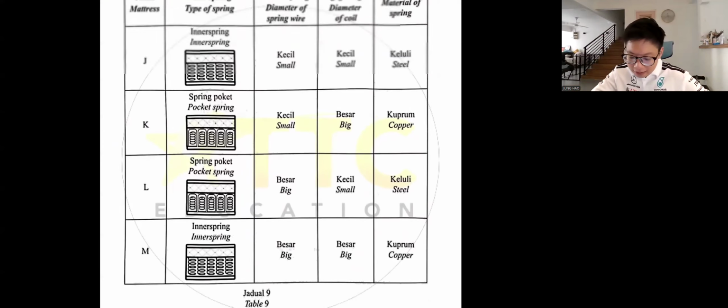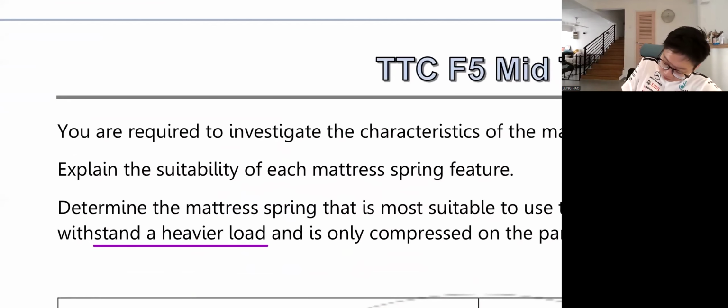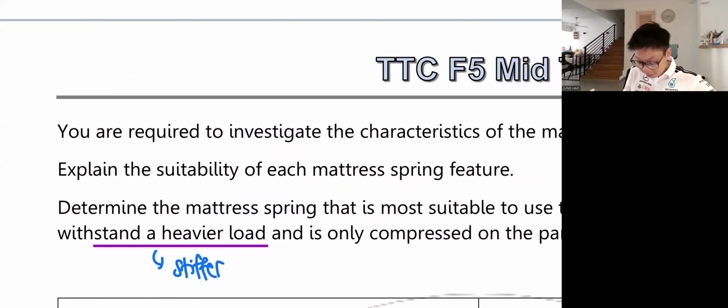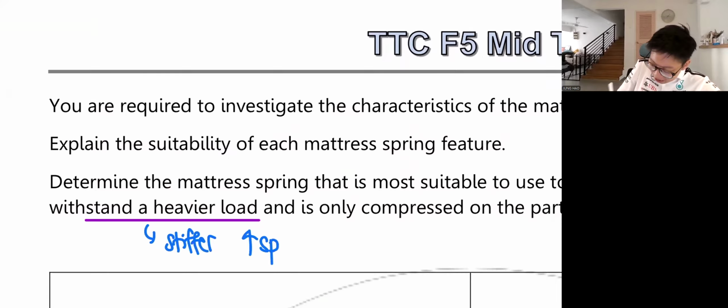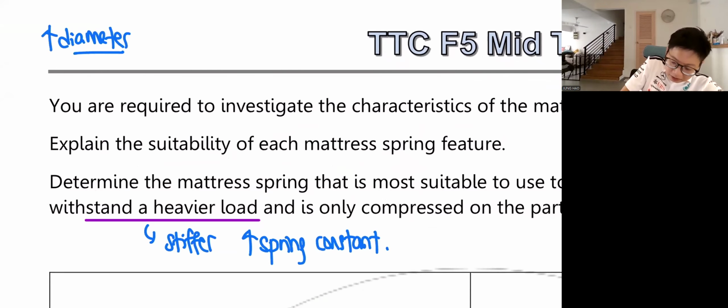So which is the better tilam? Okay, so if you want to withstand a heavier load, then technically you want a stiffer spring. So you want a larger spring constant, right? Correct. Now my question will be this, guys. If I increase the diameter, does it make my spring constant increase or decrease?